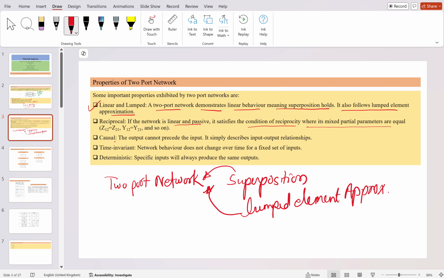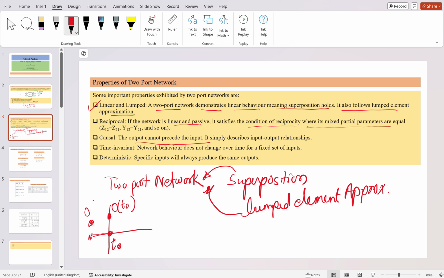And causal is basically that the output cannot precede the input. It means that when you start the input, at the same time only the output will start. It will not be the case that the output starts prior to that. Suppose this is the time t0, you will get the output at time t0 only.